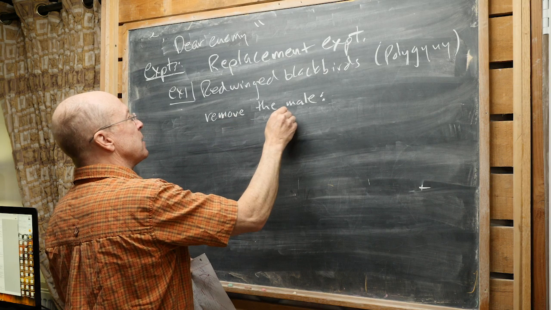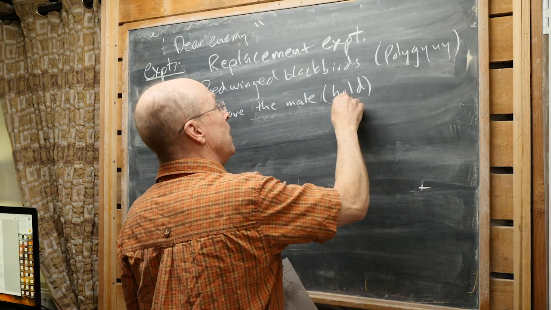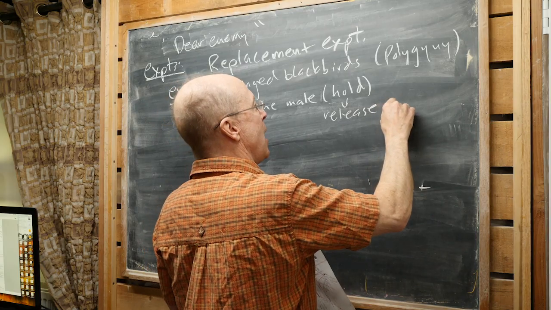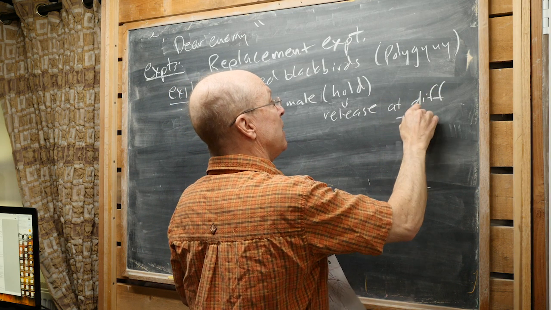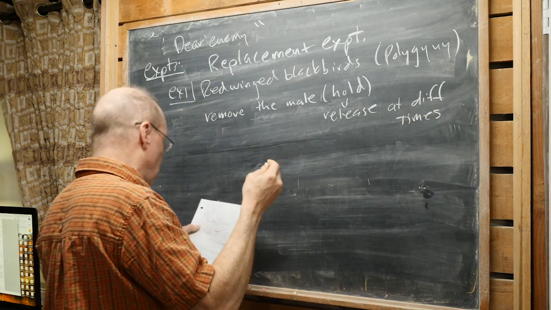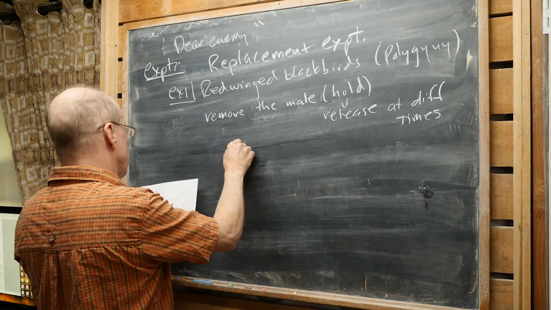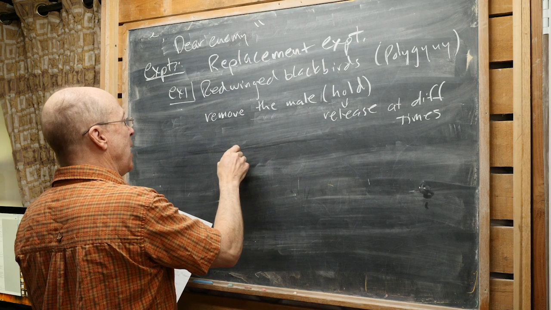So basically, remove the male and hold the male, and then when you release the male at different times to go back, here's what's going to happen. As time increases, he will fail to regain it.